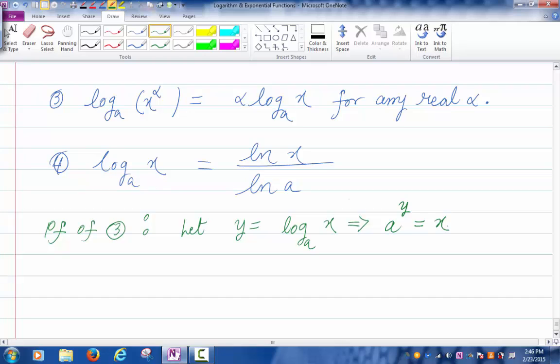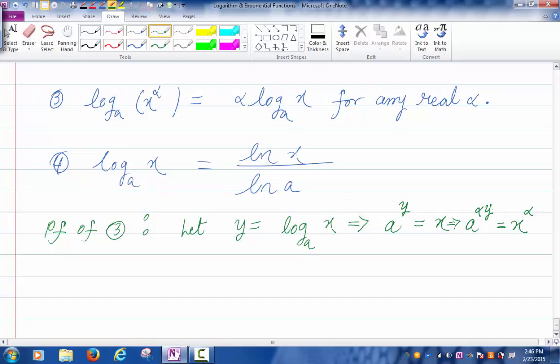Is everybody okay with that? All right, so what is then x to the alpha? X to the alpha would be a to the alpha y, right?